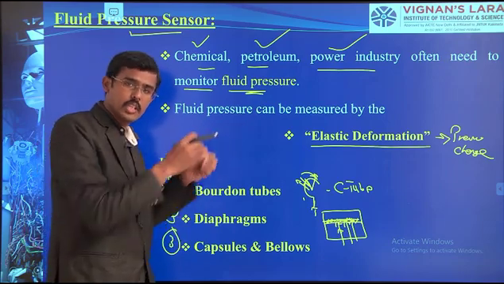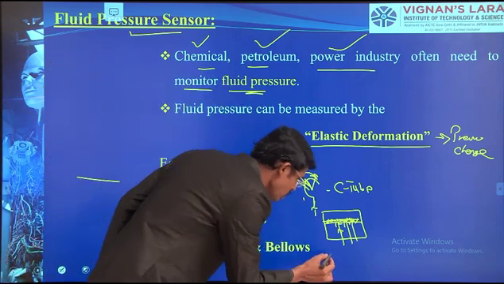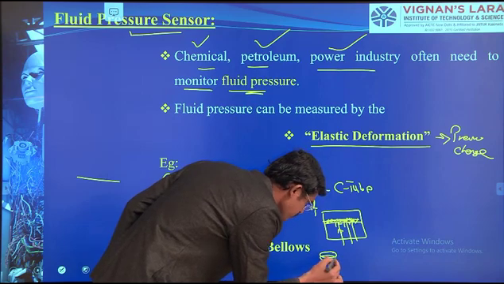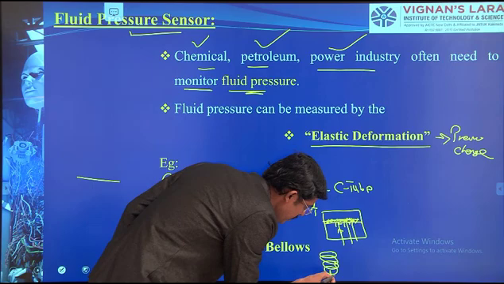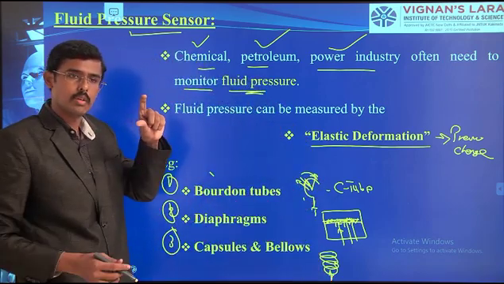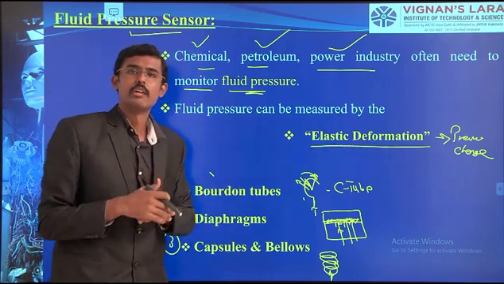So that deformation is measured. Obviously, capsules and bellows are in a similar format, in the format of capsules. It also absorbs. So here we have an inlet. Accordingly it comes in, it expands, it goes out, it contracts. This elastic deformation we are going to find.